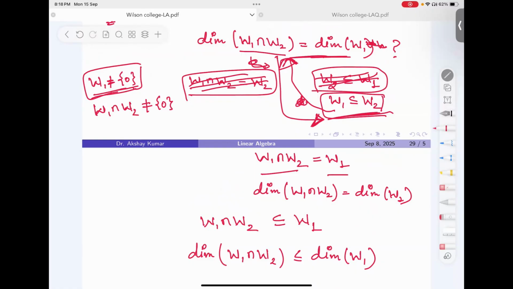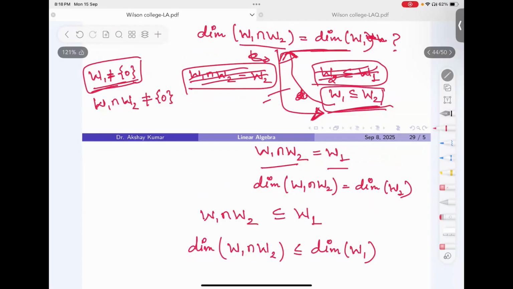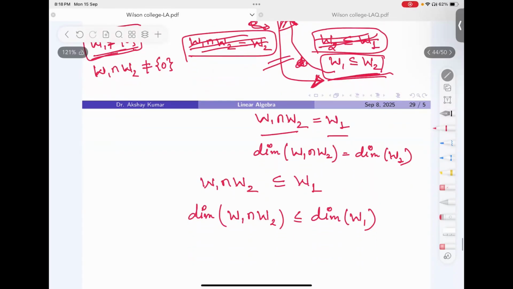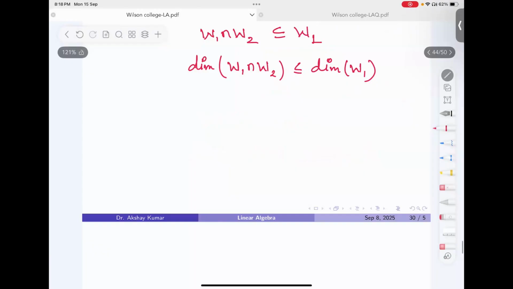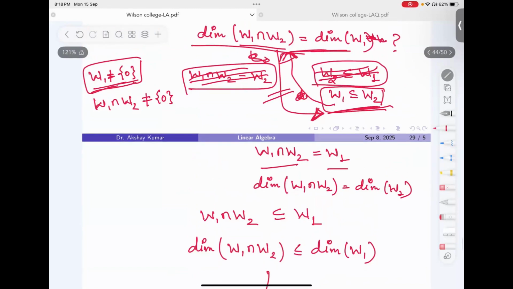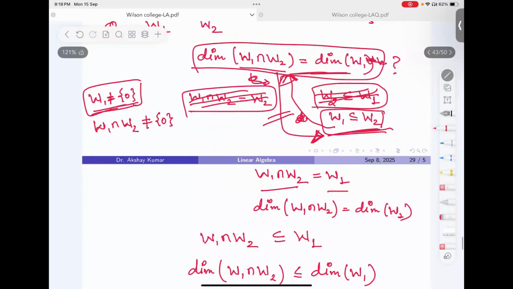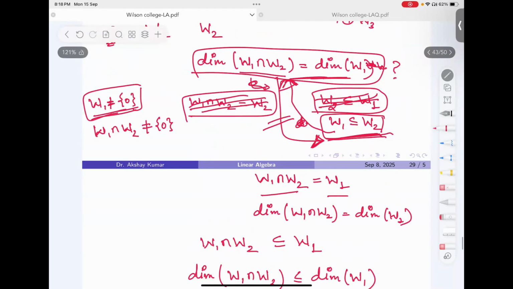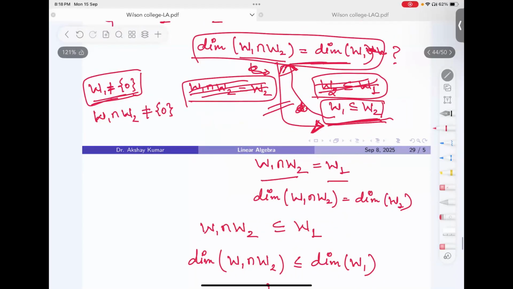No, this is not always true. So we can find counterexamples also. What we need is the dimensions equal, and W1 should not be a subset of W2. That we can find.